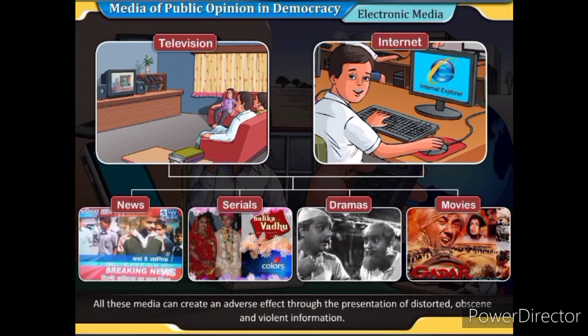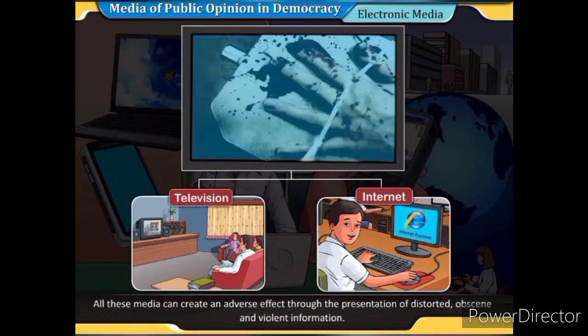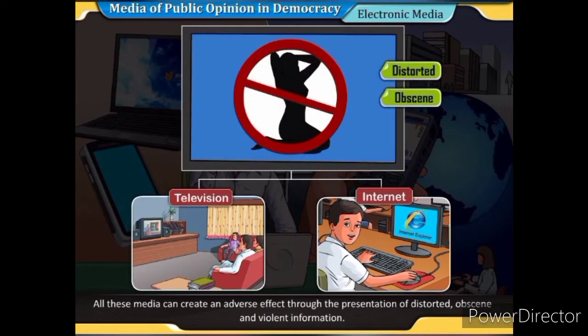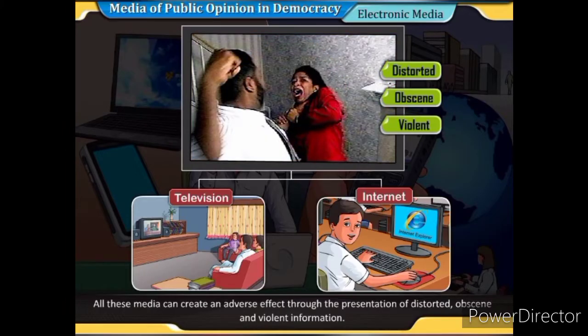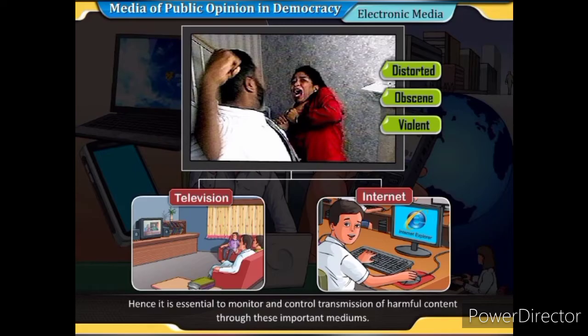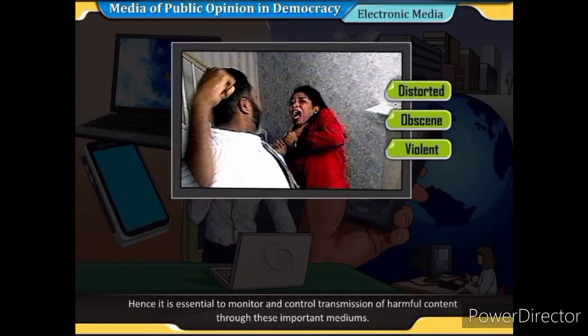All these media can create an adverse effect through the presentation of distorted, obscene and violent information. Hence, it is essential to monitor and control transmission of harmful content through these important mediums.